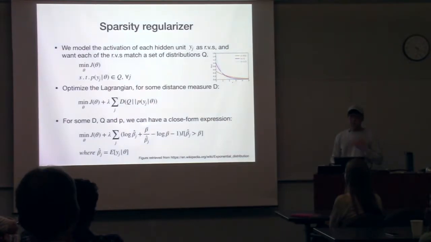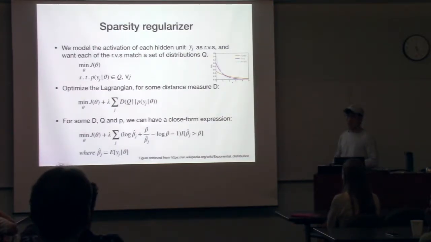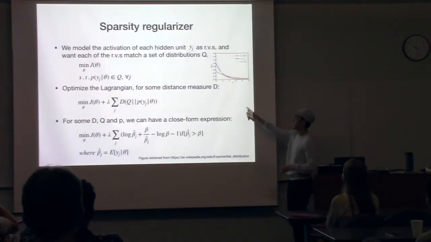So I'll assume you think sparsity might help in control. The second question is, how can we learn sparse neural nets? I will just briefly introduce a simple method we used, but I won't go into the details. We model each activation of the neural nets, yj, as a random variable, and we try to match the random variable to a set of distributions. The distribution should have high density at 0 or at small values.